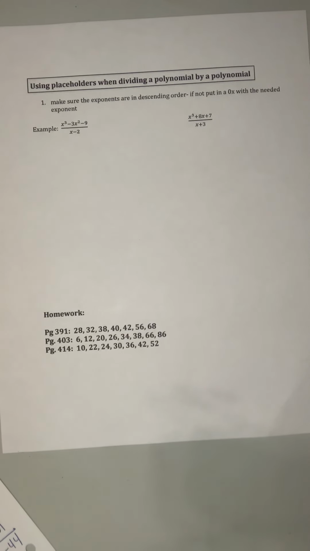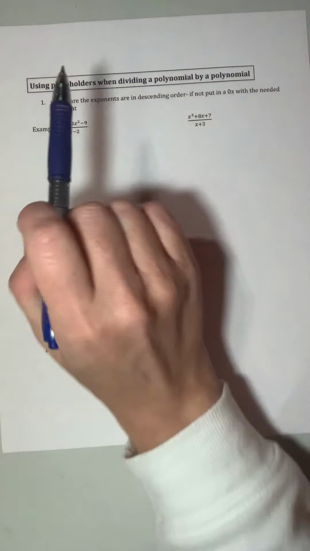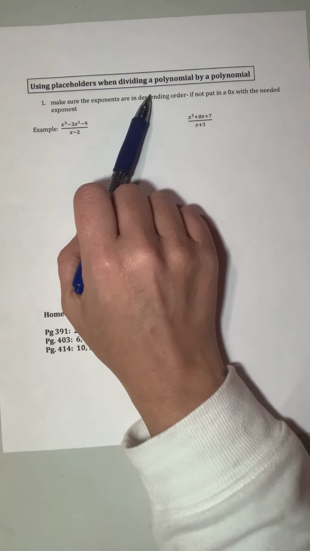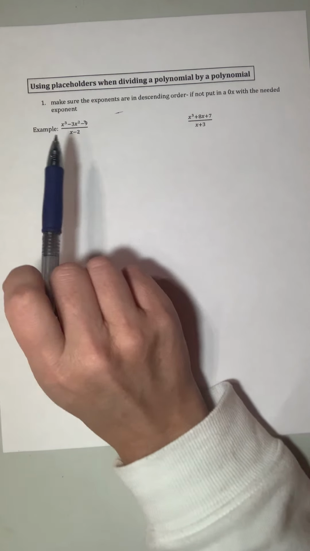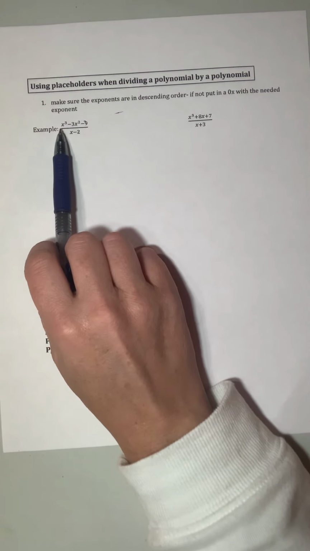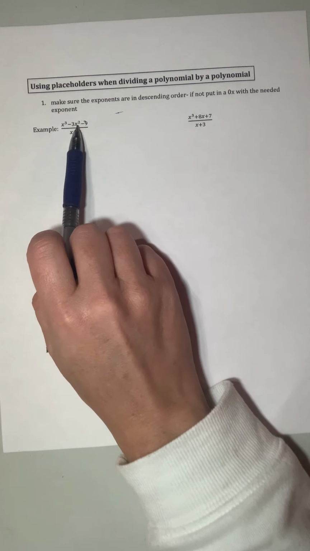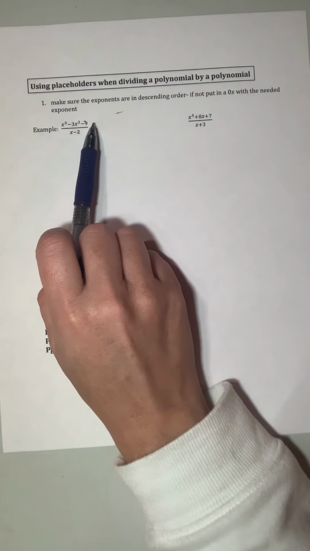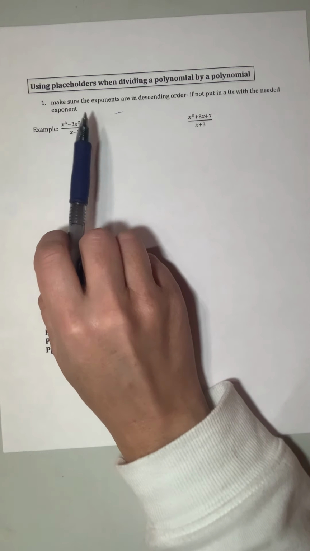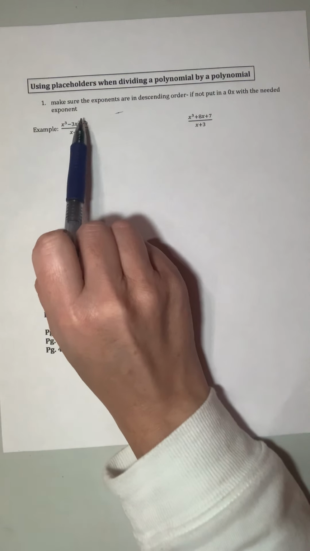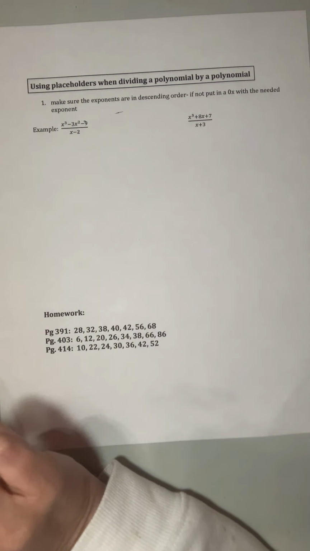All right, last section. This one's a little bit different because we are going to be using placeholders when we divide. If you look at these problems and the order they go in, we have x^3, x^2, and then no x. So it's actually missing a term. If you were to go in descending order, it's missing the x to the first, or just the x.